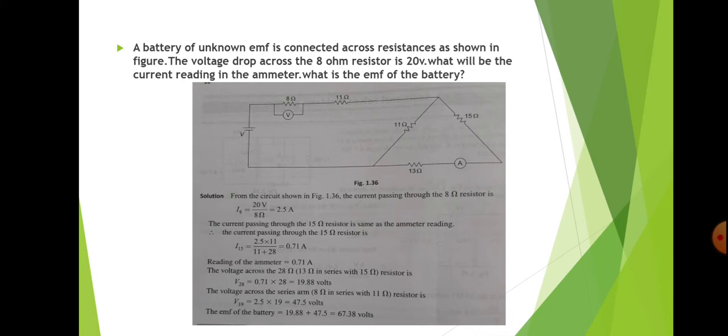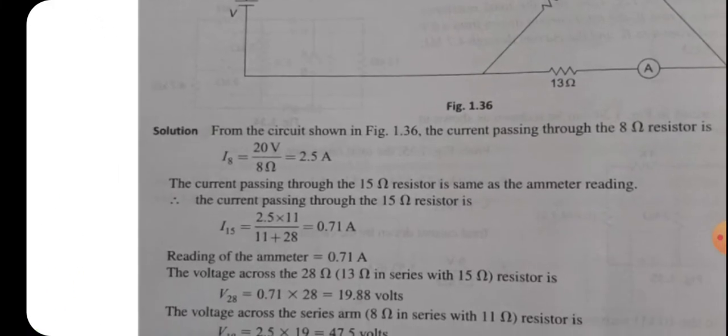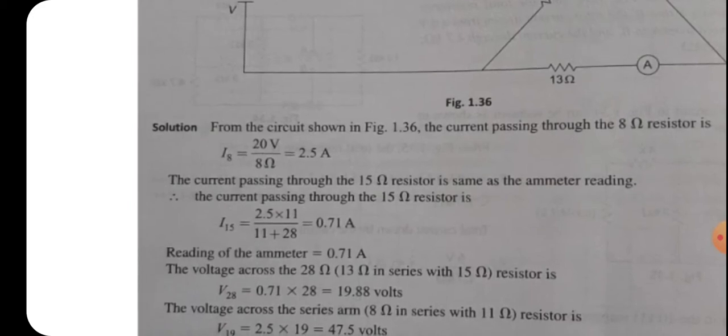From that you can find the current. Voltage is given and the resistance value is given, so the current can be easily found by using Ohm's law. The current through the 8 ohm resistor, I8, will be equal to voltage divided by resistance, that is 20 volt divided by 8 ohm, which is equal to 2.5 ampere.